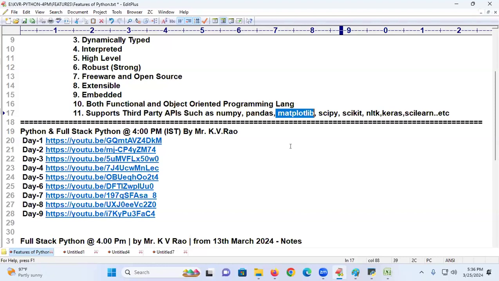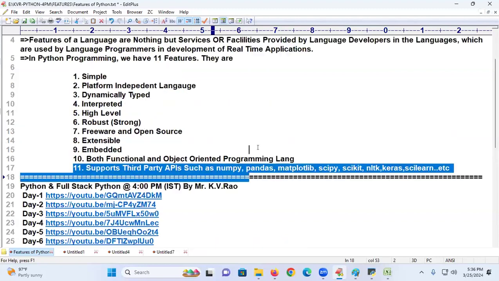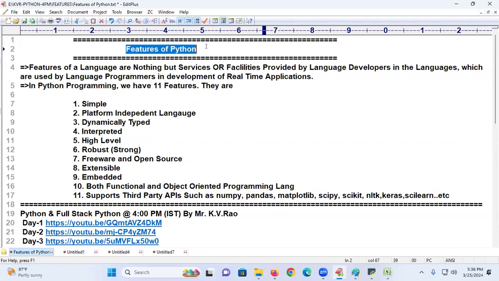These are all called visualization. As of today, visualization is compulsory. That's why we go for Matplotlib. These are all called essential modules for data science, and such modules are also supported by Python.